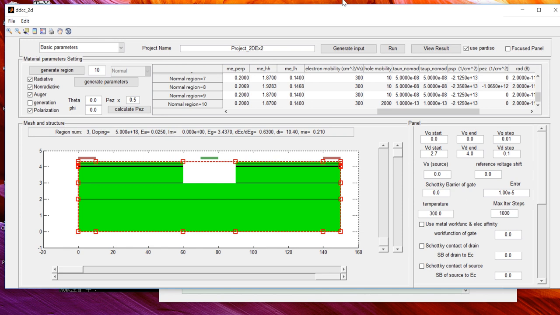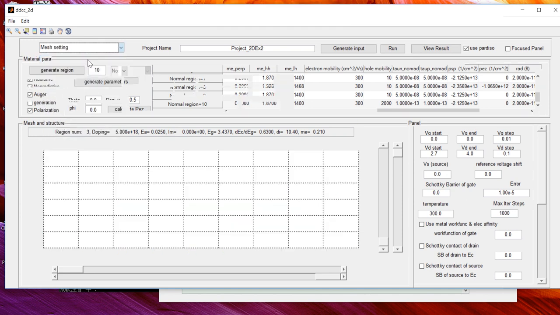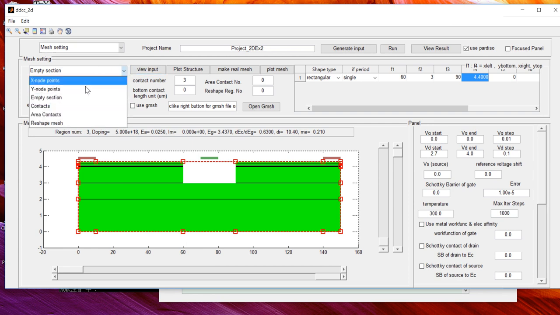And I can introduce some special functions like empty section. There are many things to play. This is a square, and actually, let me show you another thing.